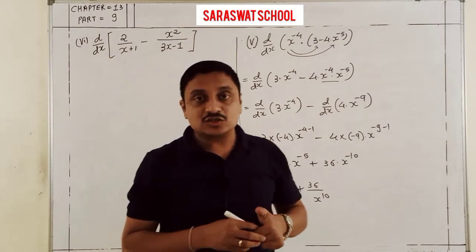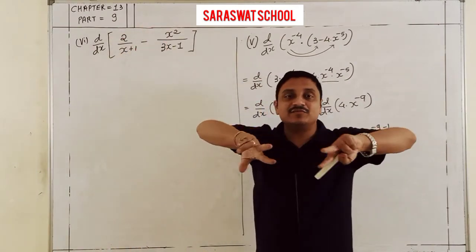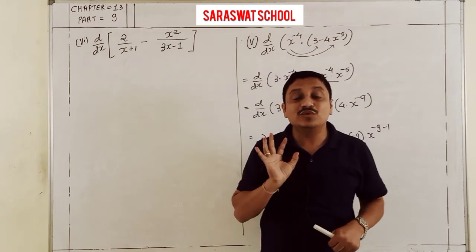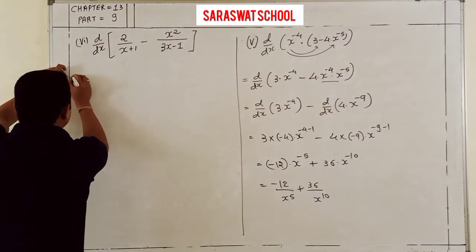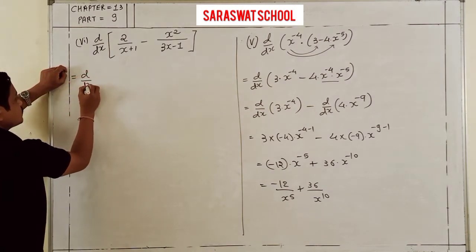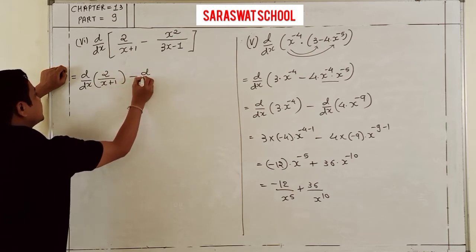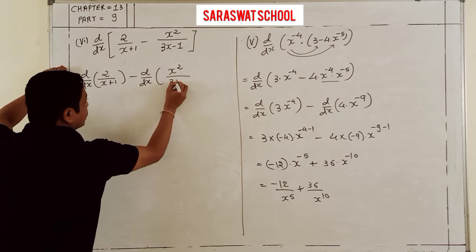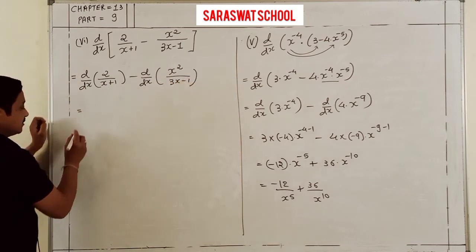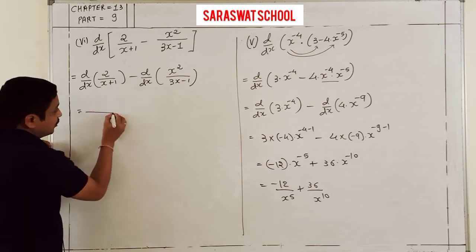Students, here are two parts, the first and the second. I will take both separately and use the working rule for division forms. So first of all d/dx of 2 upon x plus 1 and second x square upon 3x minus 1, and start with the simple division rule formula, in denominator square.